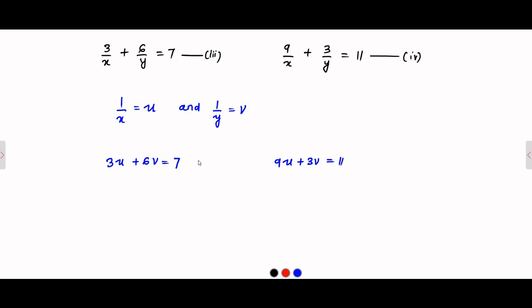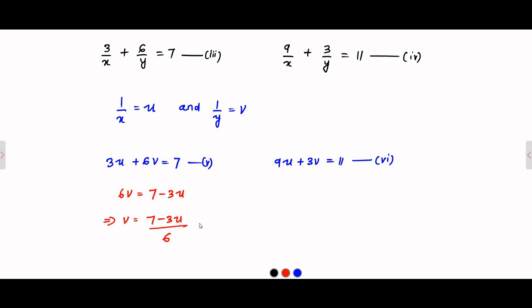Let's call it equation 5 and equation 6. From equation 5 we pick one equation: 6v = 7 - 3u, which implies v = (7 - 3u) by 6. So what we have done here is represent one variable in terms of the other, v in terms of u.